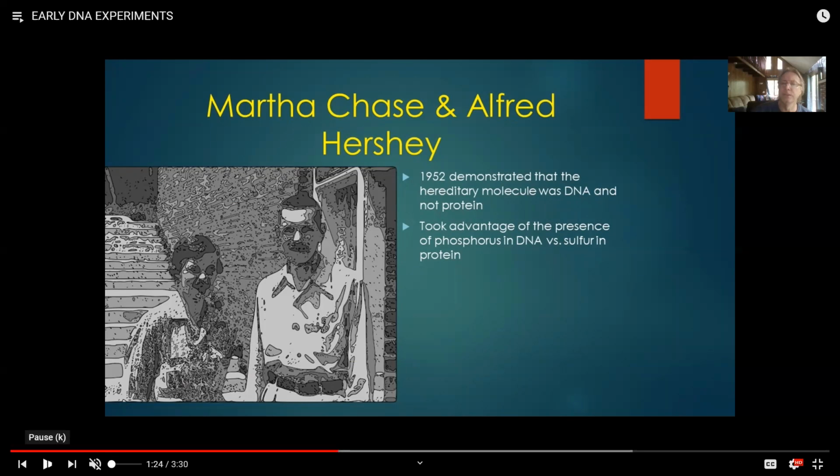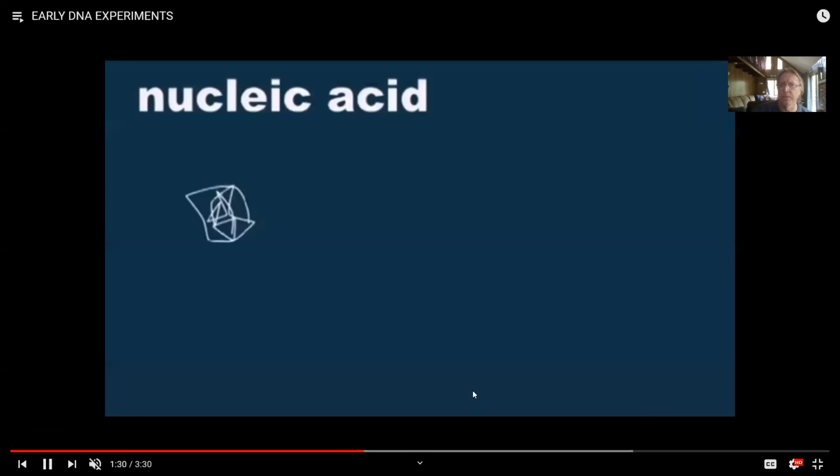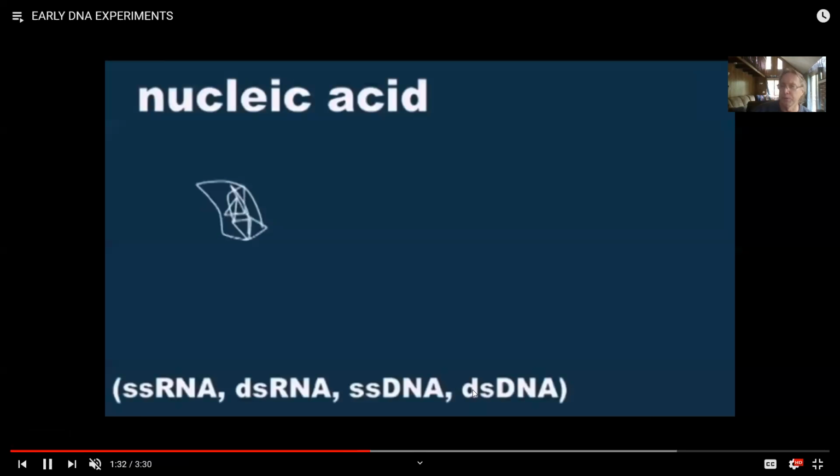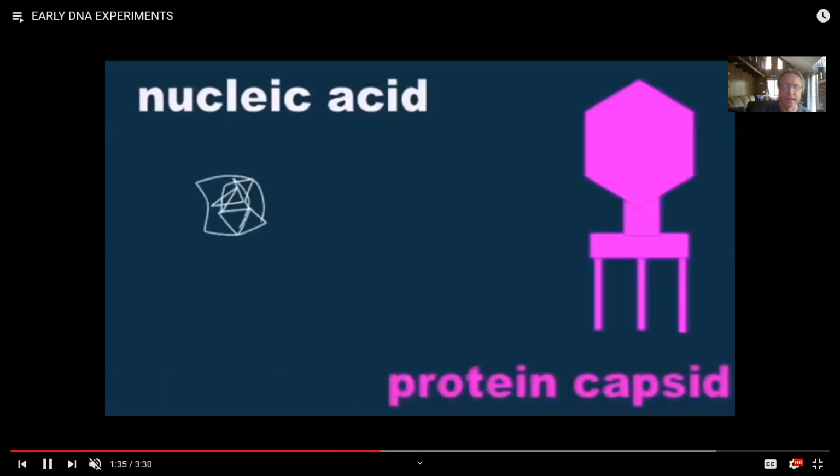But that was conclusively shown not to be the case in the Hershey-Chase experiments, where virus was used. Now, viruses, they can have a couple different kinds of nucleic acid. The virus used in this experiment had DNA. And so viruses, the ones which lack an envelope, have only 2 parts.